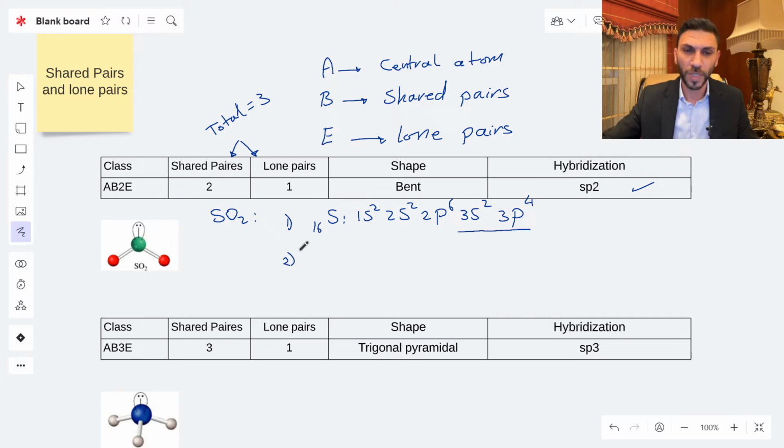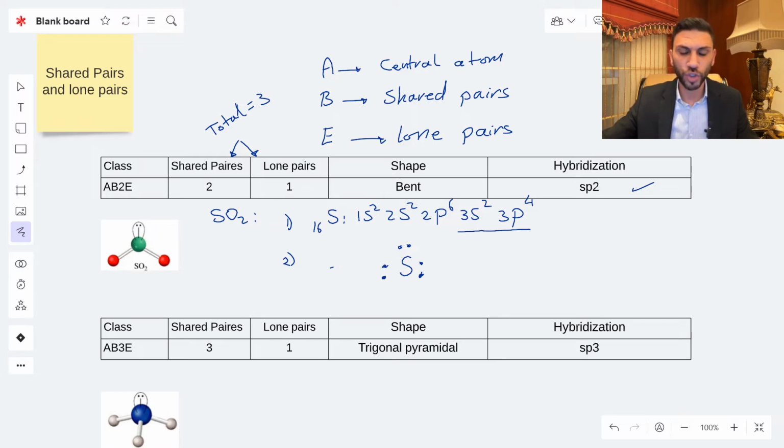Step number 2 is to write the Lewis structure for the sulfur. For Lewis structures, guys, I recommend you watch the previous video about Lewis structures and how we write them for atoms. So this is the sulfur. We have 6 valence electrons, so it's going to be 1, 2, 3, 4, 5, and 6.